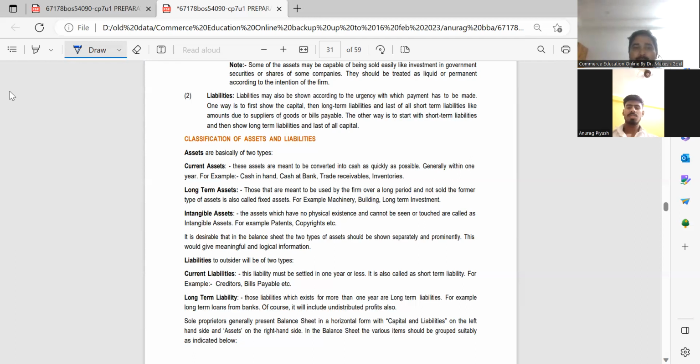The former type of assets are also called fixed assets. Examples are machinery, building, long-term investment. And there is a third type of assets also, intangible assets. The assets which have no physical existence, like patents, copyright, goodwill.